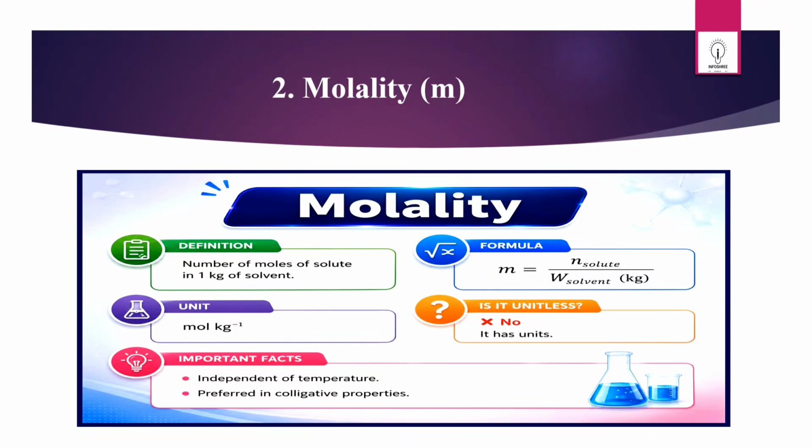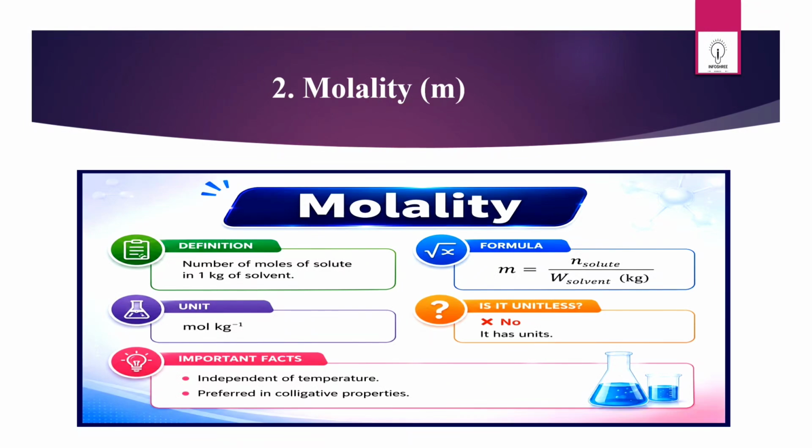What is molarity? Molarity is the number of moles of solute dissolved in 1 liter of solution. But here, it is the number of moles of solute in 1 kg of solvent. Unit is moles per kg.